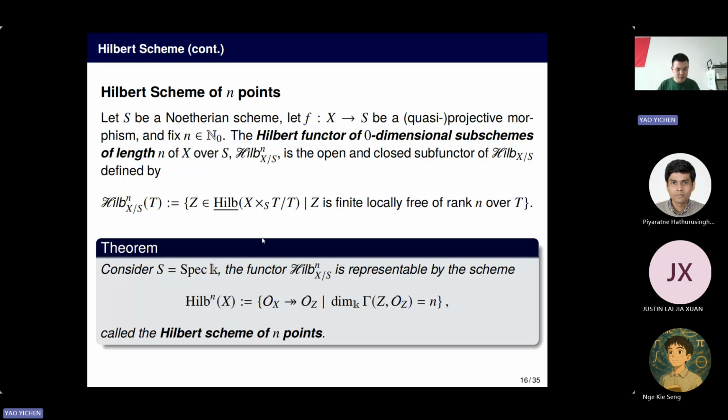Actually, these two things are related because we are asking for locally free of rank n here, and it will relate to the dimension of the global section.